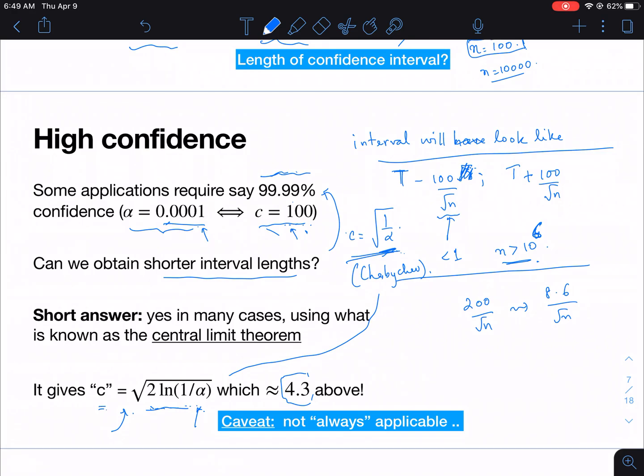So that's the power of the central limit theorem. One way of viewing it is as saying that it gives much tighter intervals, and these are usually actually the best possible intervals that you can get, better than what simple computations like Chebyshev give you.